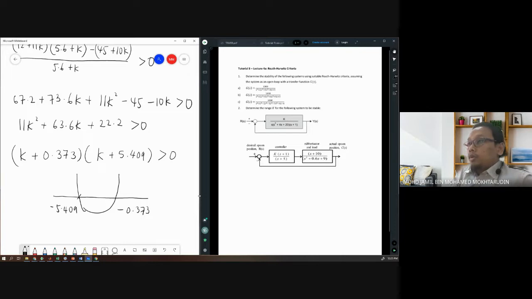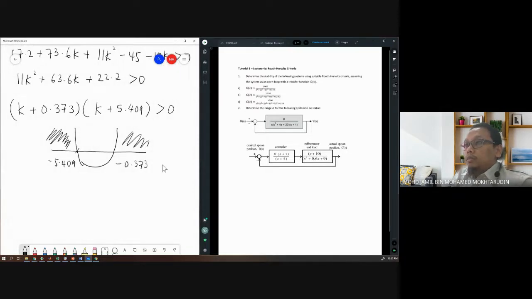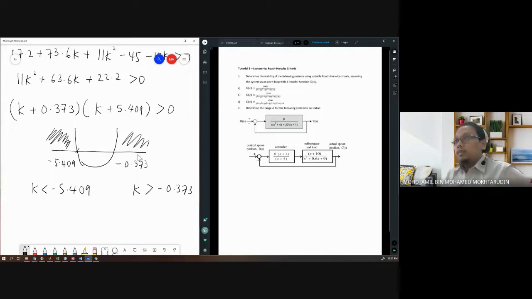So we want this to be bigger than 0. So we take the above one. So the range should be k less than negative 5.409 or k bigger than negative 0.373.